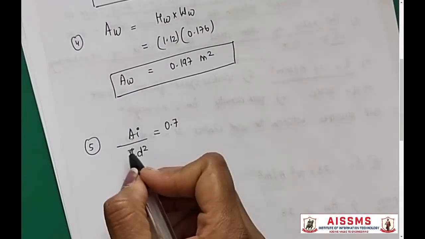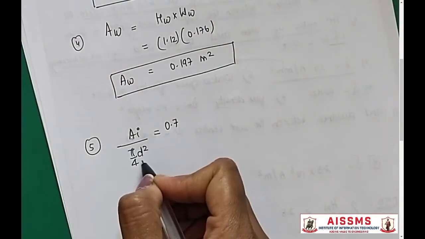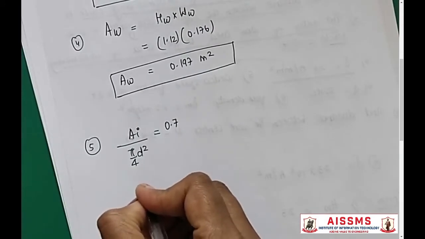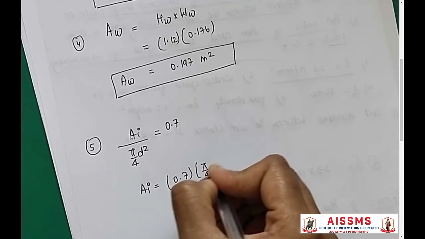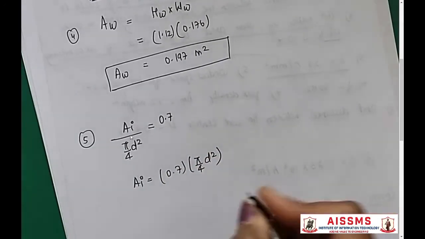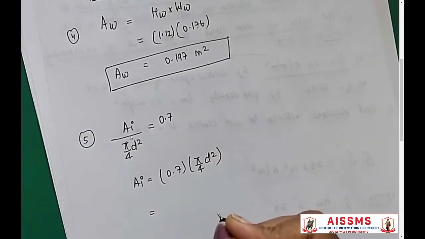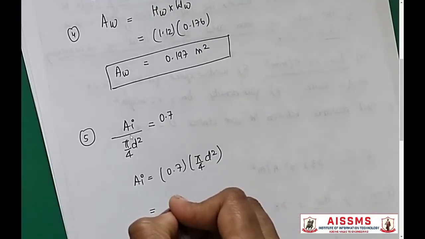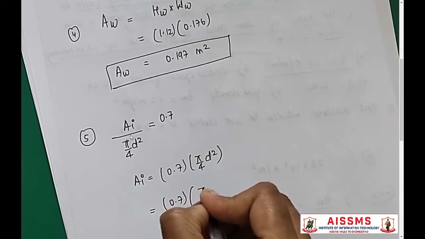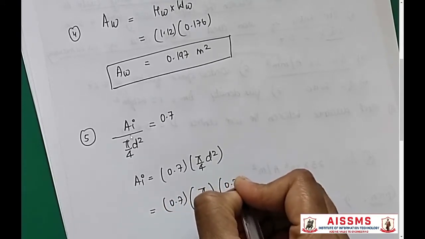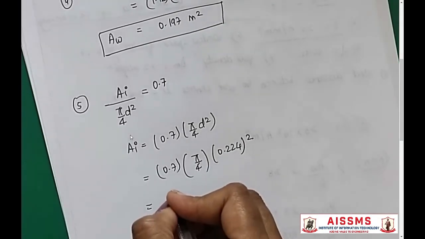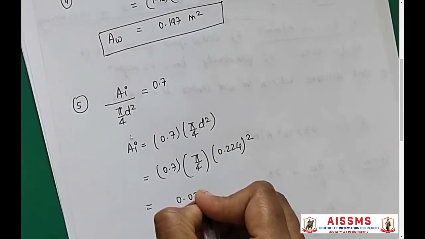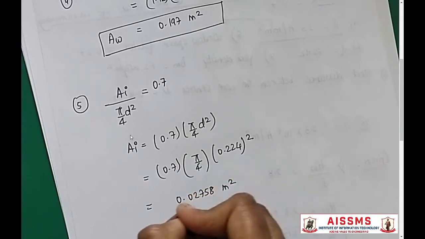Now I have to calculate this AI. I already have the value of d. So AI is equal to 0.7 into pi by 4 d square. The value of small d we have already calculated is 0.224. So when I put the values 0.7, pi by 4, 0.224 the whole square, the area of the iron section comes out to be 0.02758 meters square.